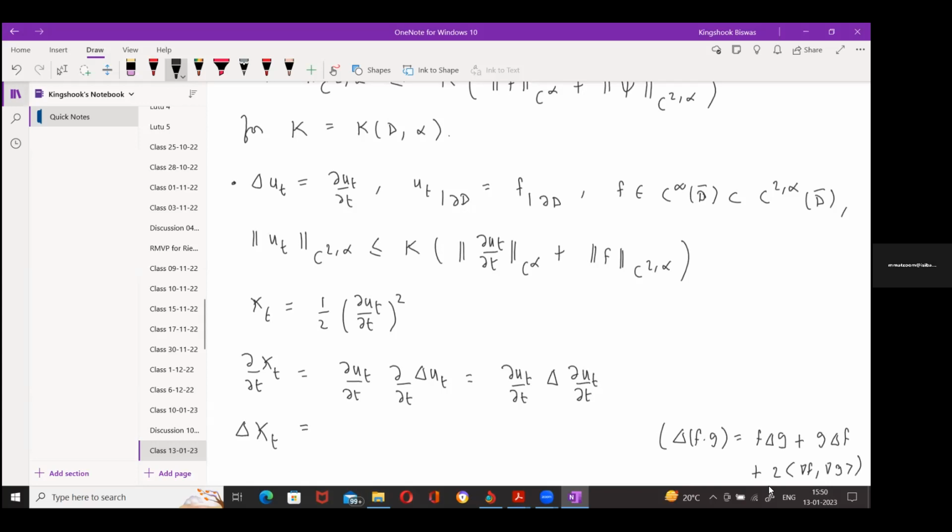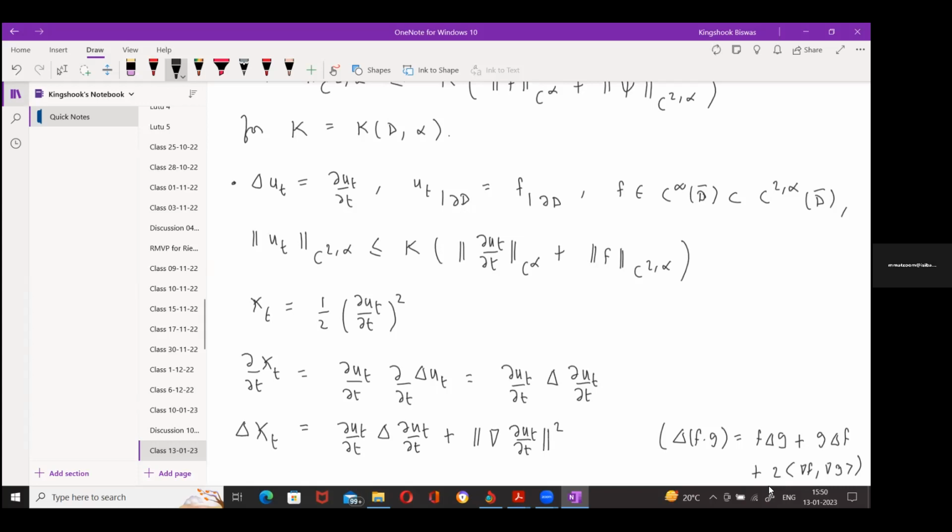So if f is equal to g, then with the half here, I'll get basically del u_t del t times the Laplacian of del u_t del t, plus the norm of grad del u_t del t whole squared, right?